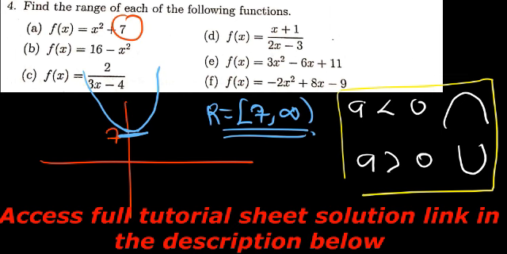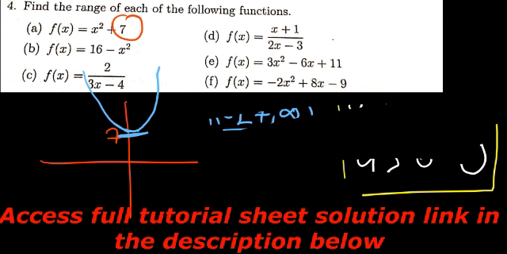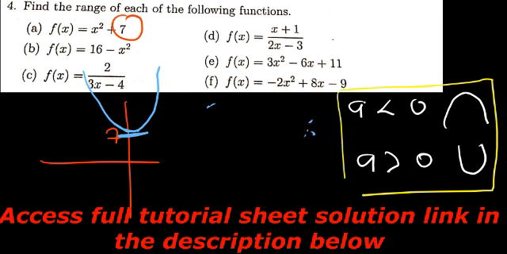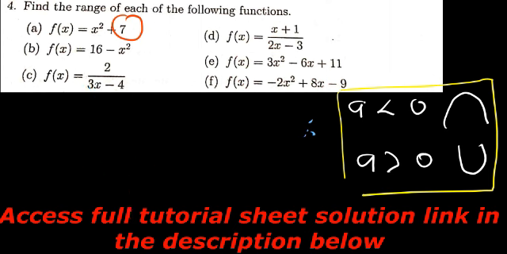So for example, let us look at now the second part. If we can clearly see here, guys, we have 16 minus x squared. Now in this case, a is negative 1. So it is negative. What does it tell us? It tells us that if it is negative, it's going to curve like that.